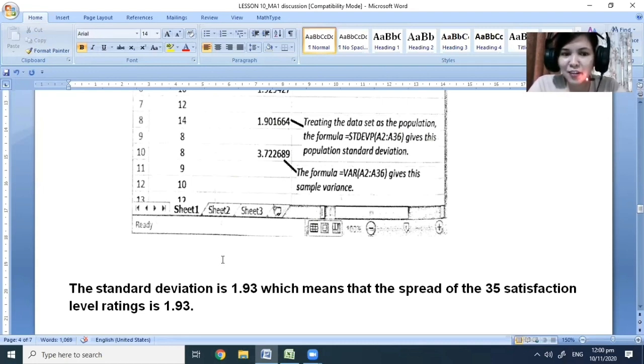That's it. And also, you will not explain anymore the variance because we know variance and standard deviation are related to each other. Variance is computed by just squaring the standard deviation. So, standard deviation and variance refer to the homogeneity of the scores from the mean.